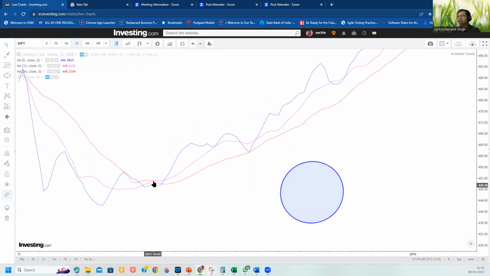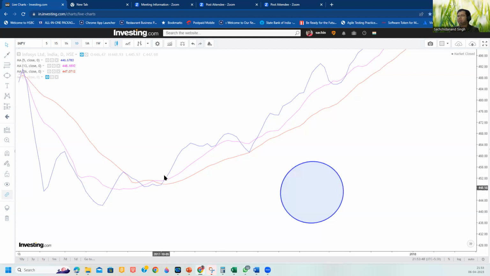If we look at this particular junction, the lower time frame moving average is crossing the higher time frame. First the 5 is crossing the pink one, and after that it crosses the red one too.